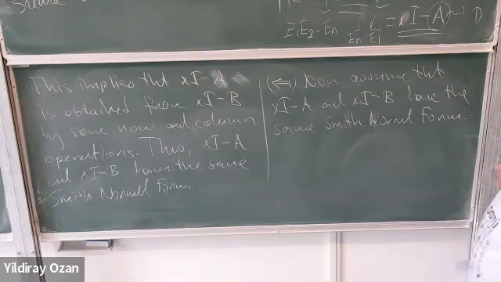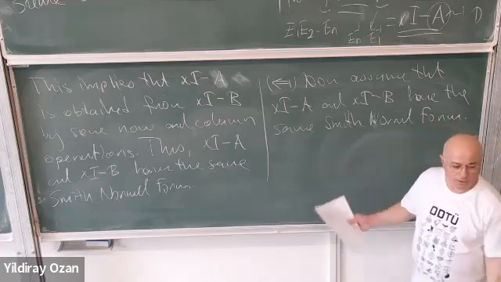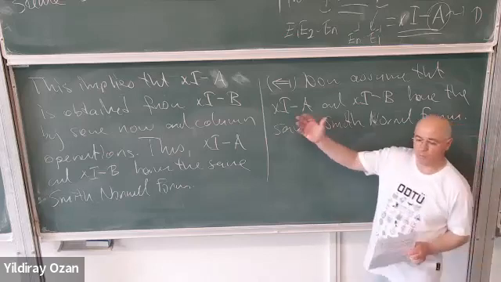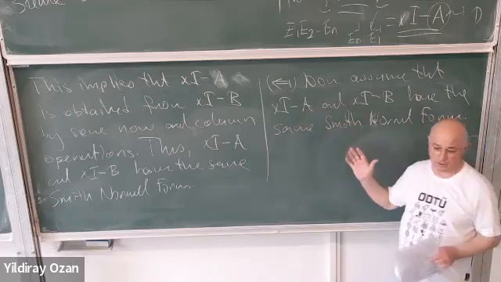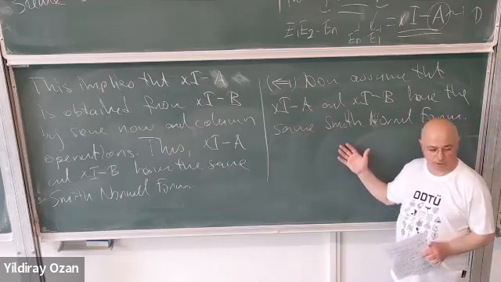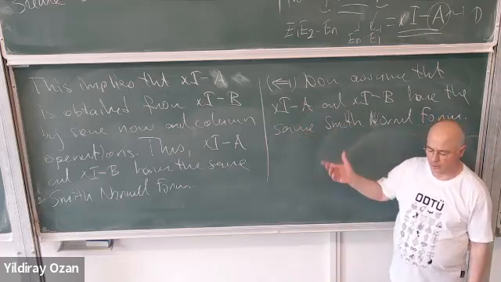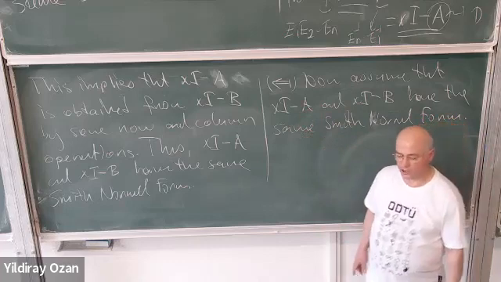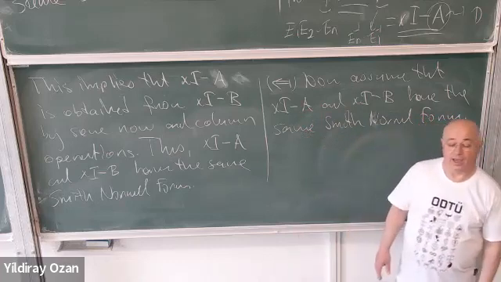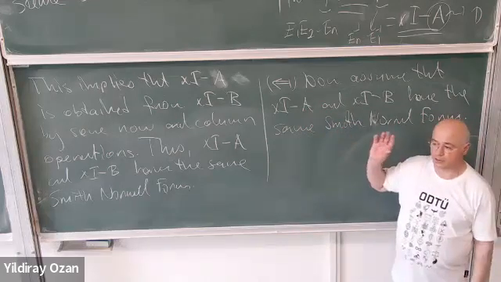Well, then they have the same canonical form, right? That canonical form might be a diagonal matrix or a Jordan matrix, or a rational form, which I didn't talk about, but actually, in any case, you can find a Jordan form.